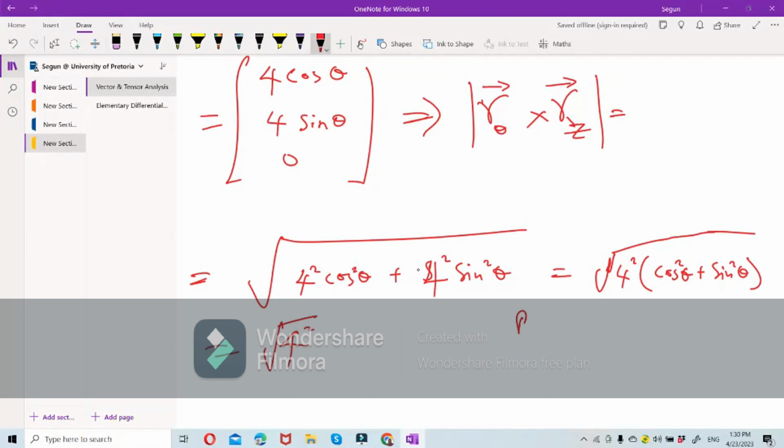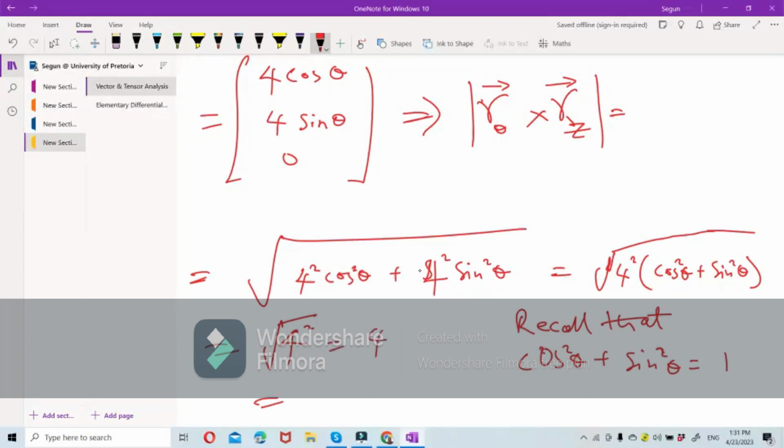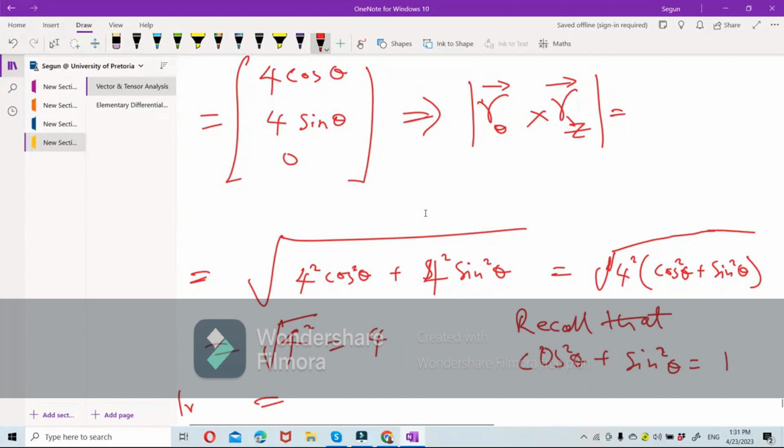Then you recall that cos square theta plus sine square theta is equals to what? Is equals to 1. You remember? Then at the end of the day, we have it to be 4. The cross product we are working on is equals to 4.